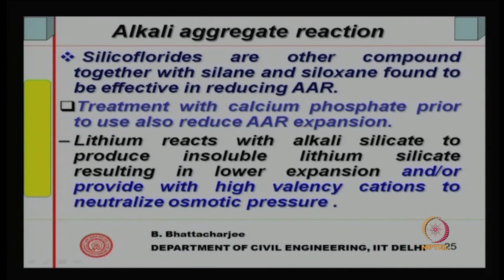So, this does not form gel and therefore, lower expansion, and they also provide high valency cations to neutralize the osmotic pressure, because the pressure which causes cracking has something to do with osmotic pressure in the system. We will discuss about that sometime. So, lithium in a second way it acts is it provides high valency cations to neutralize osmotic pressure.